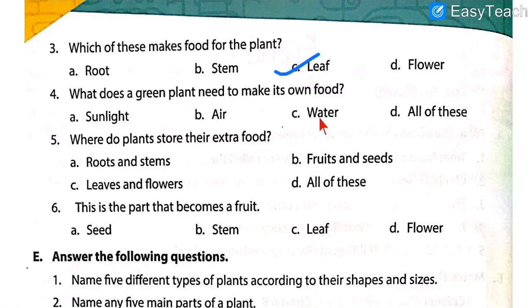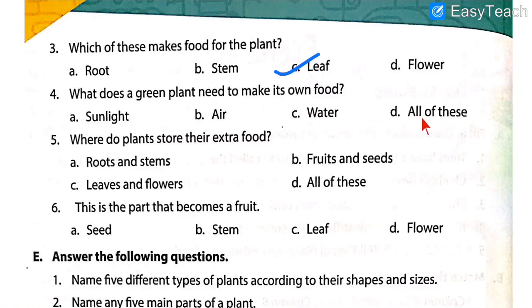All of these means, do they need all these 3 things? Or do they need any one of these? So the correct option is all of these, because green plants need sunlight, air and water, all these 3 things for preparing their own food.